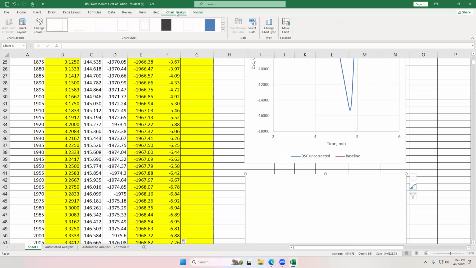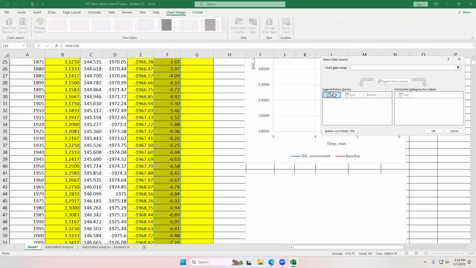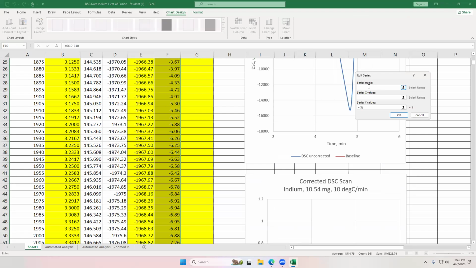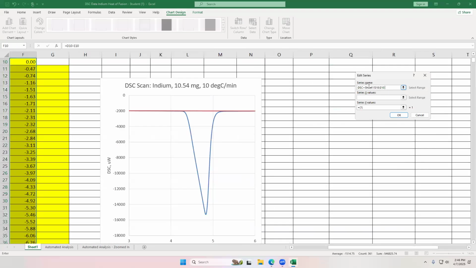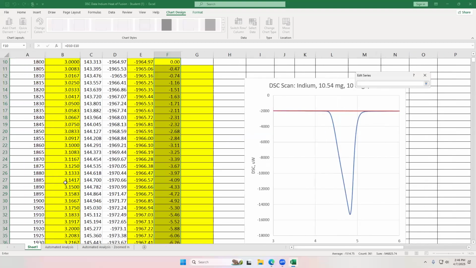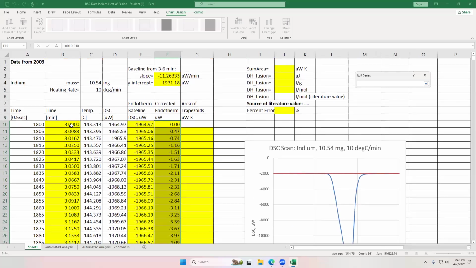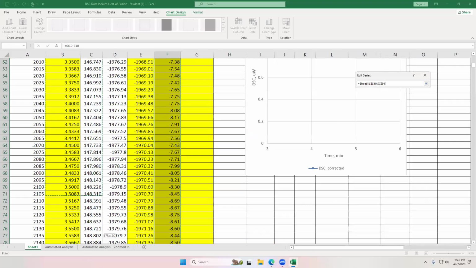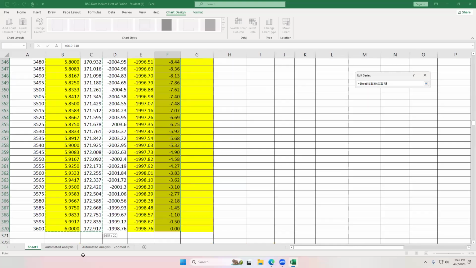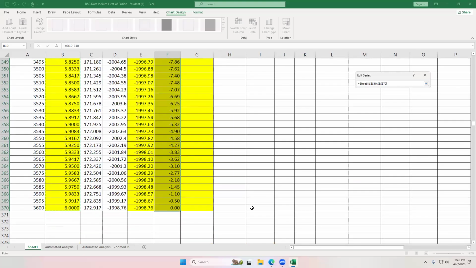So chart design, select data, add, corrected DSC. And X values would be, again, column B, B10 through B370. This is a new chart, the second chart at the bottom, below the first chart.